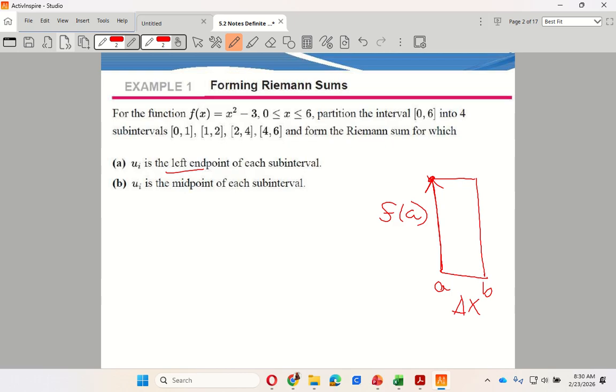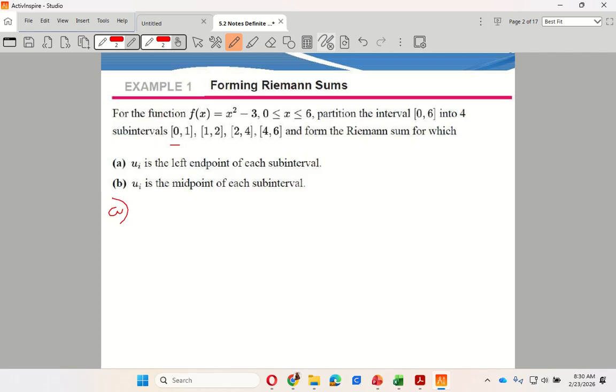So left endpoint for each one of these means that I'm going to start over here, my left side. So what is my delta x there? How far is that? It's 1. Okay, so it's going to be 1 times f of 0. Why f of 0?